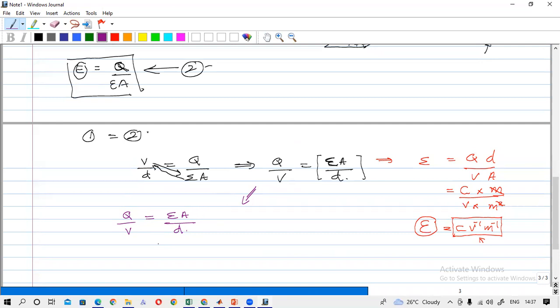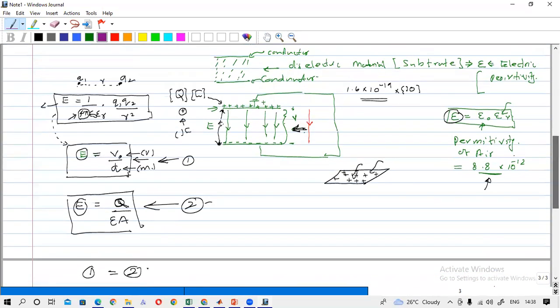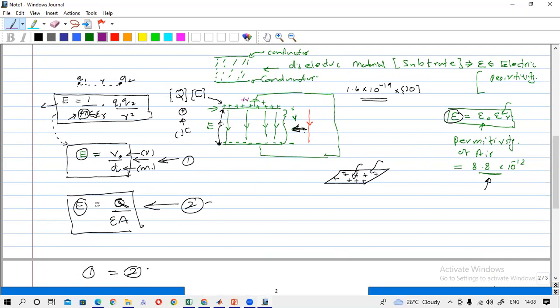Now, what is this value? We can change this voltage, and according to the change of this voltage, the number of charges Q also will be changed. If you connect a large battery between these two plates, this Q will be increased.